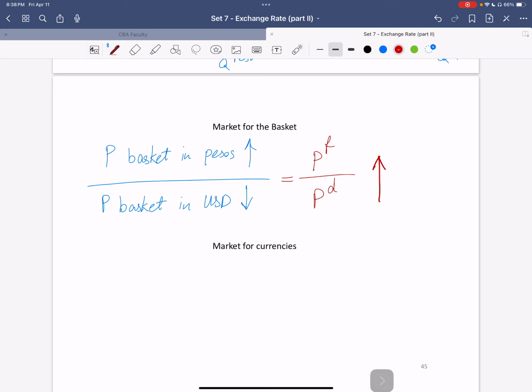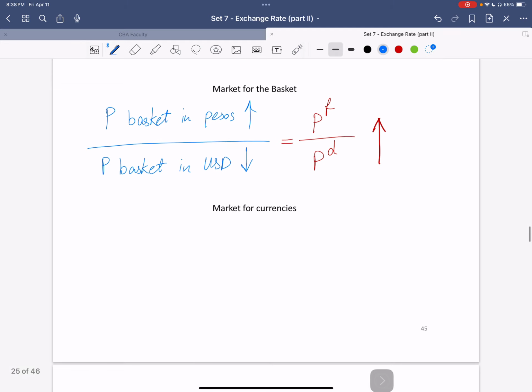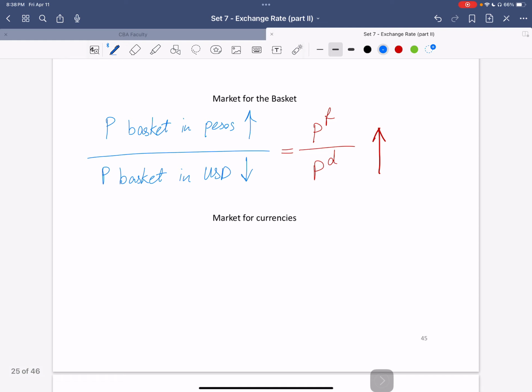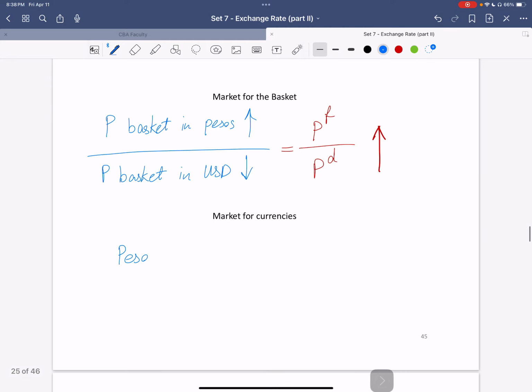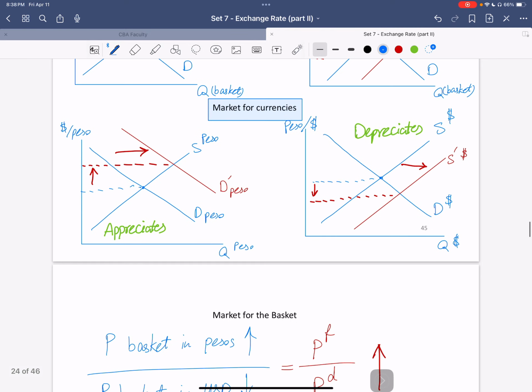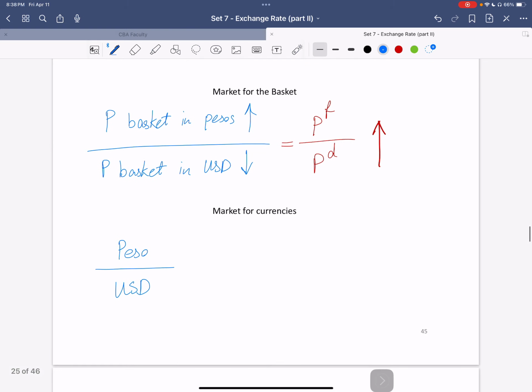This is increasing. On the other side, in the currency side, peso or US dollar. Okay, what is happening to peso US dollar? It is depreciating. It is decreasing.